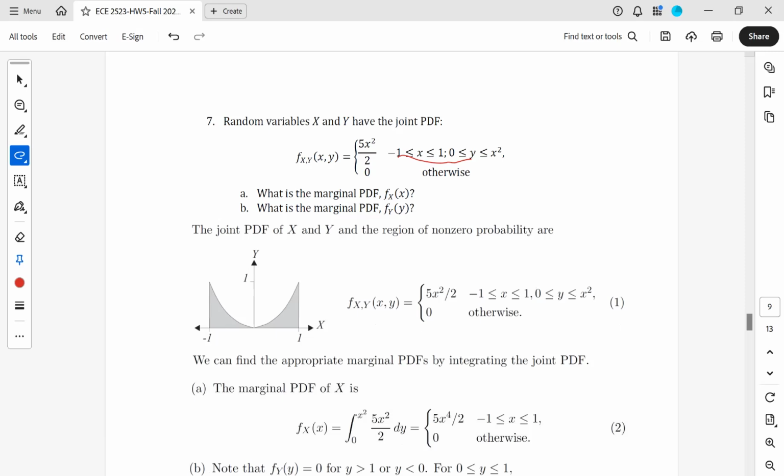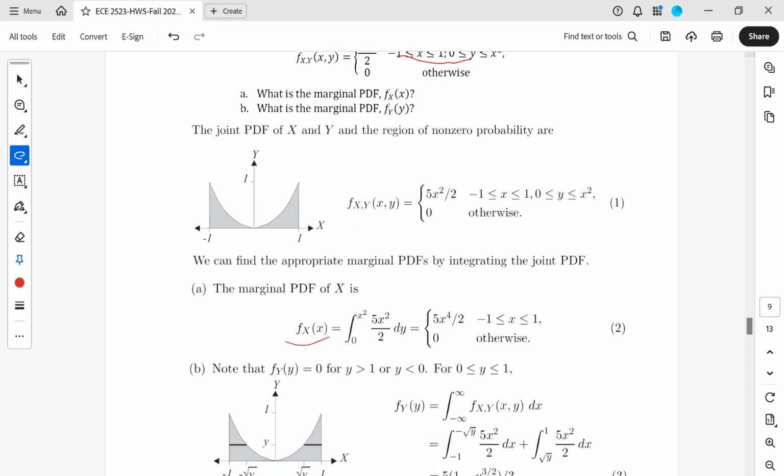The question asks us for the marginal PDF for x and y. To do so, we know that for the marginal PDF of x, we have to integrate over y. Again, I encourage you to draw the range so we avoid confusion.